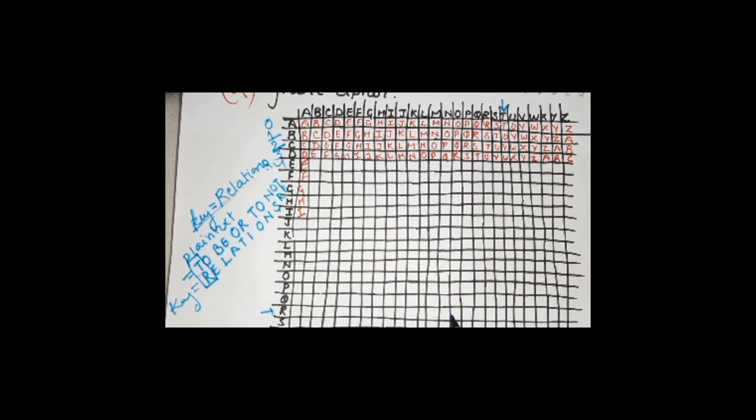R. Okay, here. This is the intersecting value. Please write this down so that you can understand.